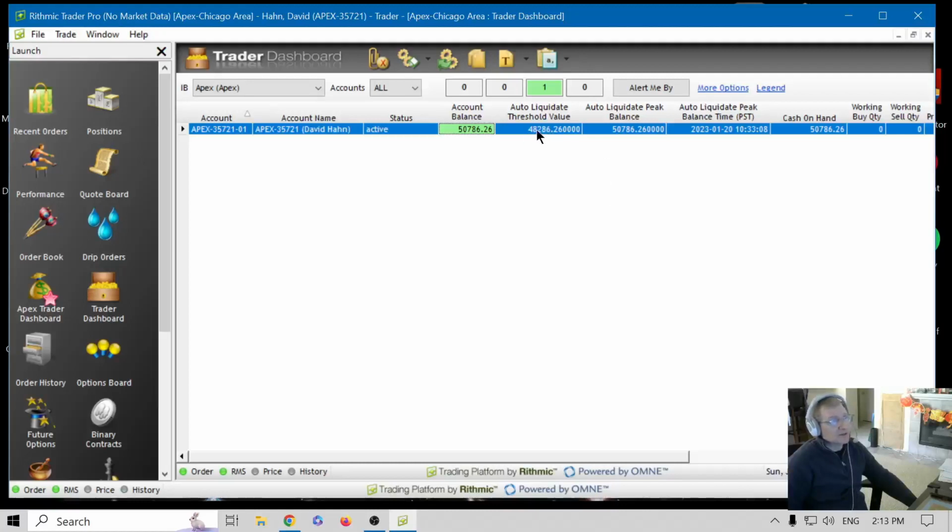So my threshold value would be 48,500. But let's say I let it run back and closed out to have this account balance. Well, now the spread between these two numbers is less than 2,500. So you can get into some trouble there.